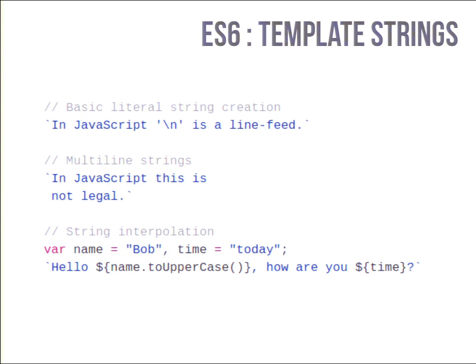The last one shows you that you can replace placeholders with whatever the value of that variable is. Whatever you have in curly brackets is an expression, so it doesn't need to be just a variable. It could be a function call or something else, and it's going to be replaced by the value of whatever is within those curly brackets. See the first one, the name, put that uppercase, and it shows up uppercase. Easy.